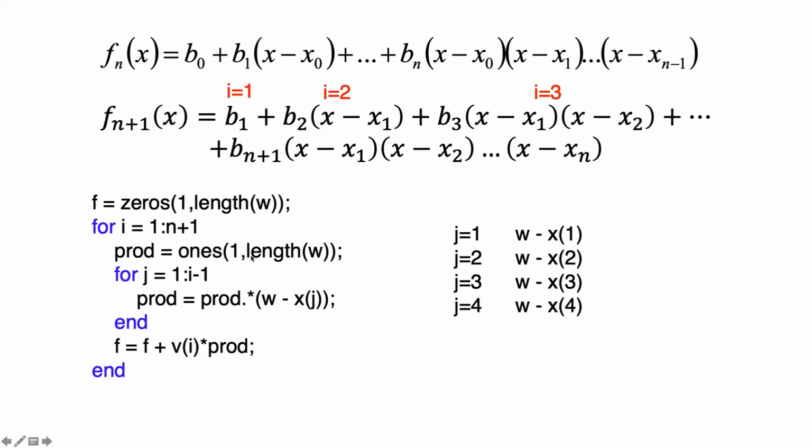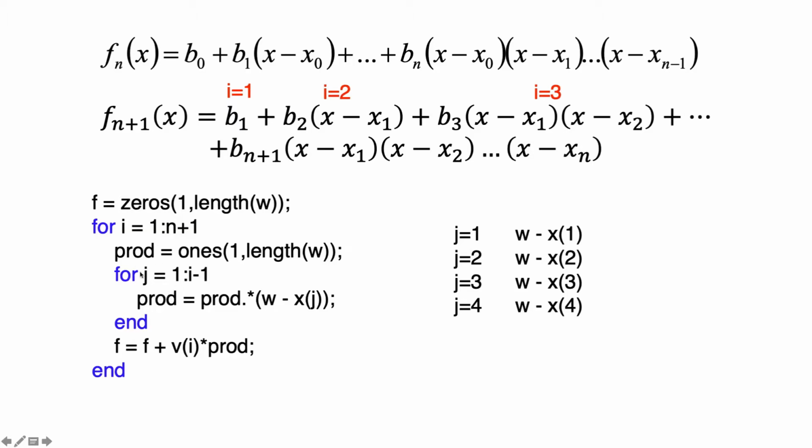What this ones function does is that it creates a matrix with one row and the length of w columns. So I have here a row matrix with the length of W elements. All the elements in this matrix simply have a value of 1.